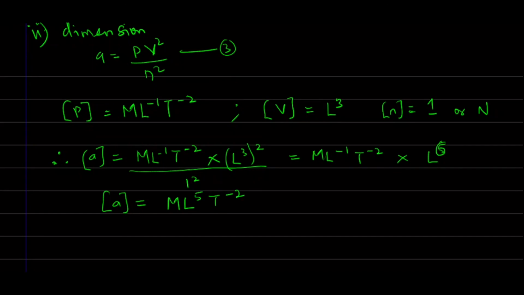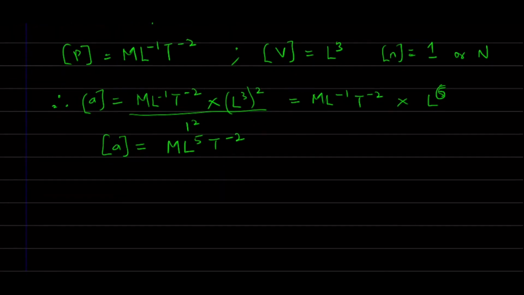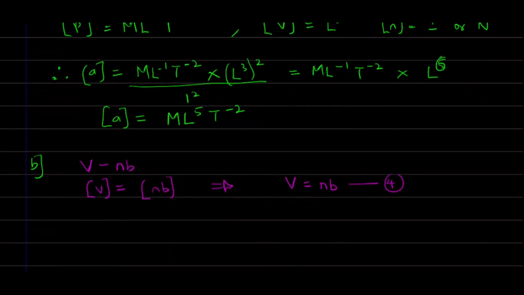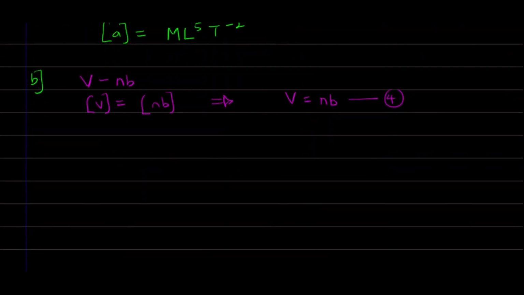Now let's look at the constant B. We also said that V minus nB is this other part of the equation. Now, if the equation is dimensionally correct, that means the dimension of V is same as the dimension of nB, and in that case, we can write it as V is equals to nB. Let's take this as equation 4. Now, if that be the case, let's solve for the unit and the dimension as well.